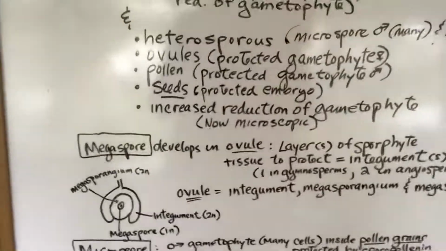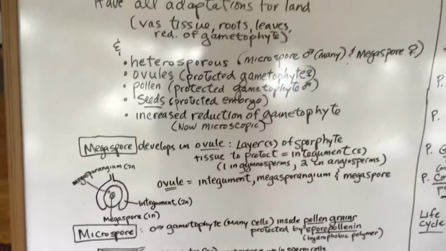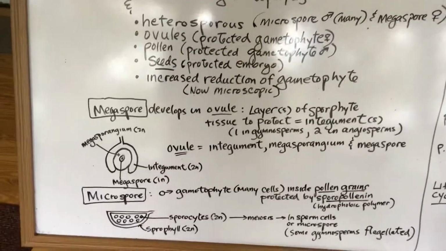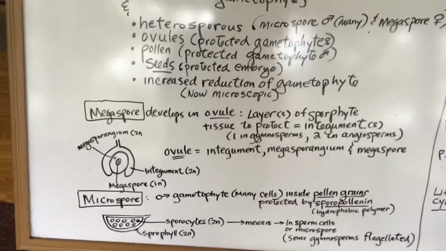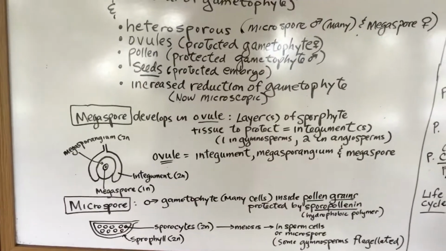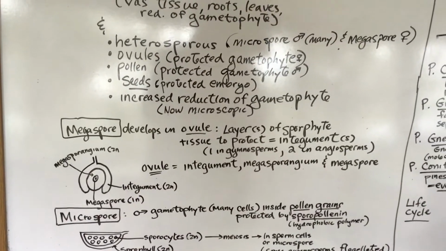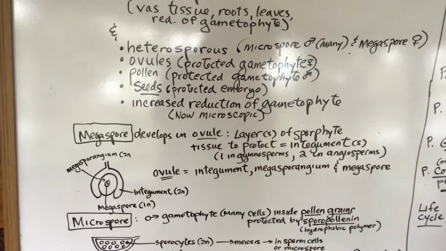So let's just talk about some terminology. One of the things that is important to know is the ovule, which is the protection of the gametophyte, so it's a multicellular 2N layer. And the ovule is going to include what they call an integument, a megasporangium, and a megaspore. The megaspore is the gametophyte.